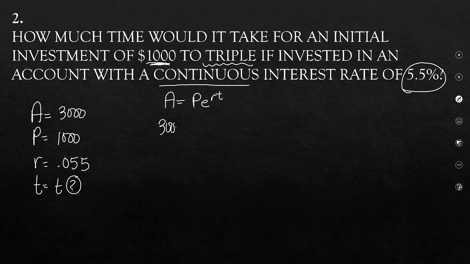How long does it take for the money to triple? So 3,000 equals 1,000 multiplied by e to the power of 0.055t. Just like we did in the last example, in order to undo a base of e, we first have to isolate it. So we are going to divide through by 1,000 on both sides.